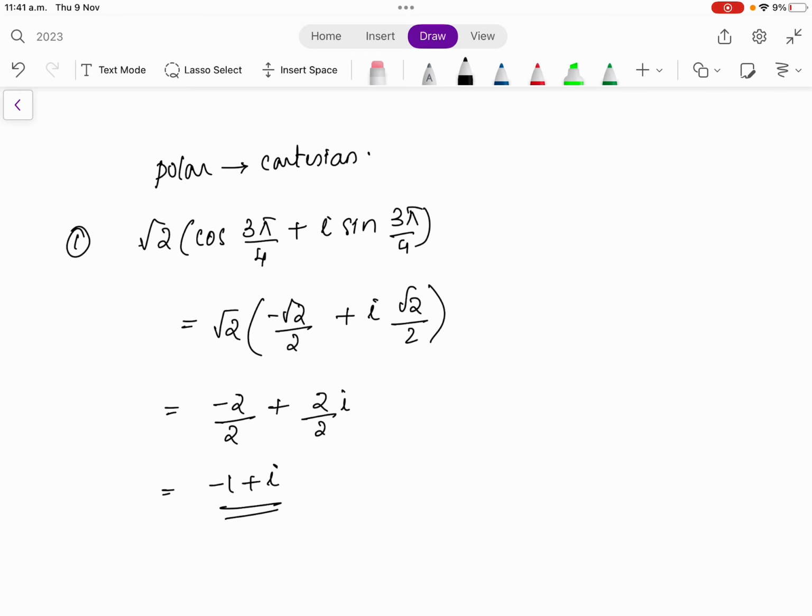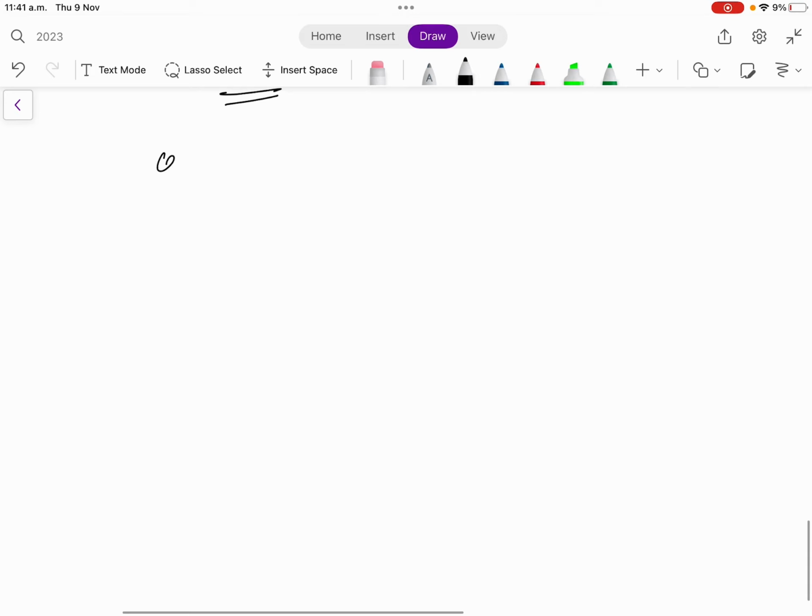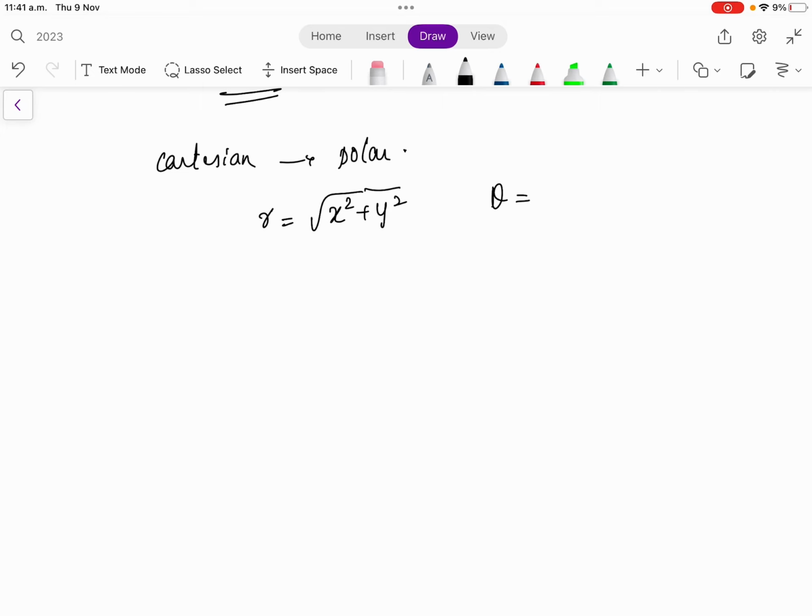Now the second option is Cartesian to polar. Remember, when you need to move from the Cartesian to polar, you find r using the formula r is equal to square root of x square plus y square, and then theta using the formula tan inverse y over x. This is one thing which you have to remember. Let's take an example. The complex number is 2 plus 2i.